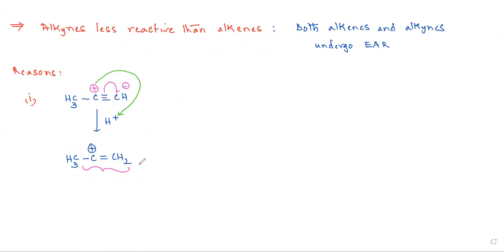Vinyl carbocation with a positive charge just on the double bonded carbon is highly unstable because this positive charge cannot delocalize.